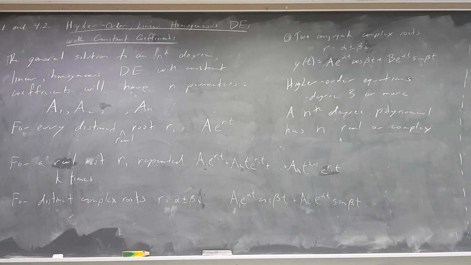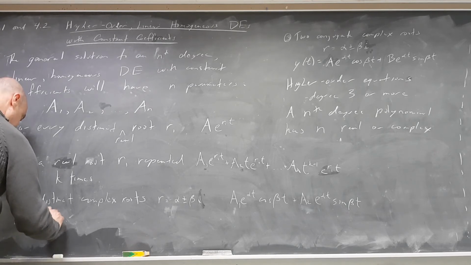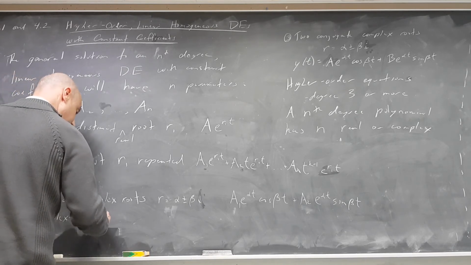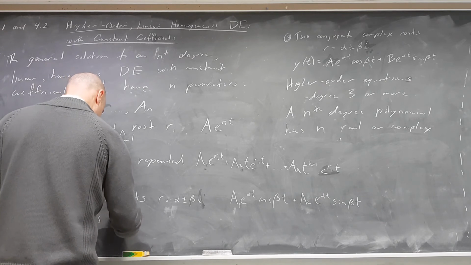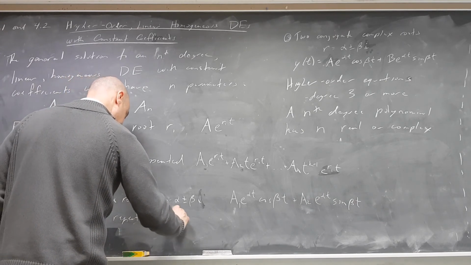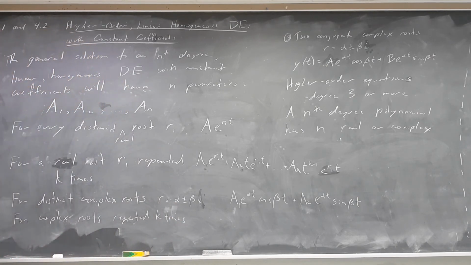And I suppose I might as well tell you what happens if we end up with repeated complex roots. So for complex roots repeated k times, we end up with this.